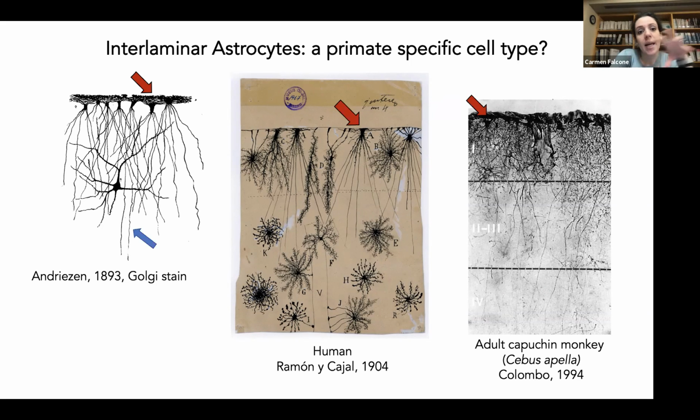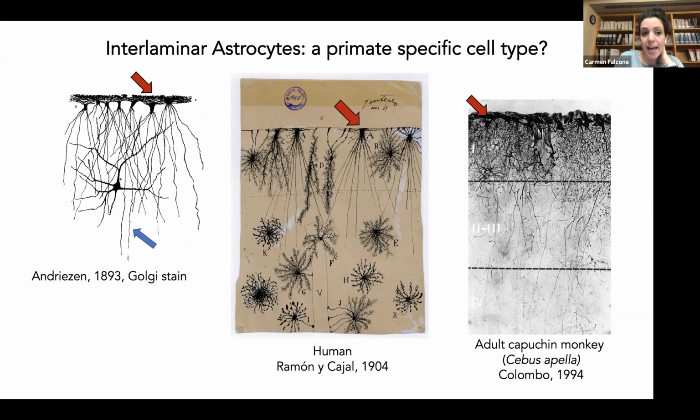First of all, you can recognize their specific morphology, which is very different, like Bruno was saying, from all the other astrocytes in the cortex. They have a cell body, which is here, highlighted with these red arrows. The cell body is in layer 1, very close to the pia surface, the most marginal layer.